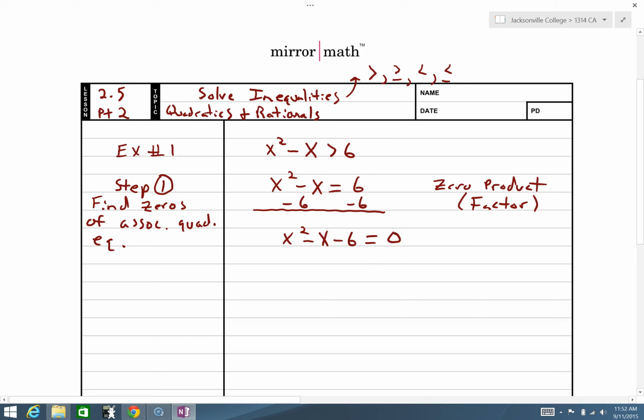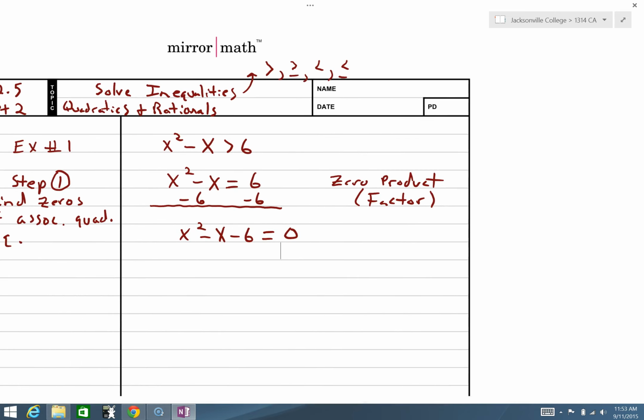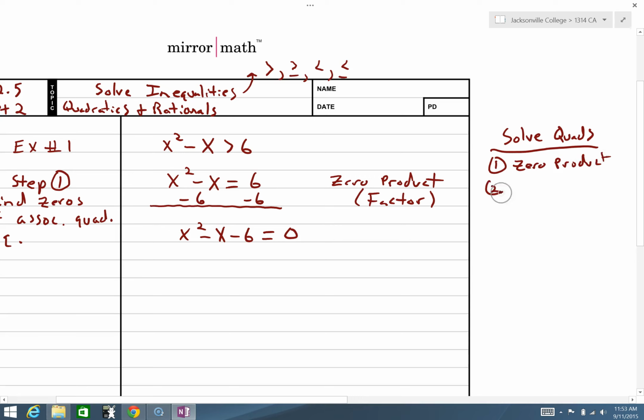All right. Now, again, I've chosen the zero product property. You're not adding this to your notes. You're just thinking about it. Solve quadratics. We learned several methods for solving quadratics. This is one, the factoring method, zero product property. One method we learned was the quadratic formula.